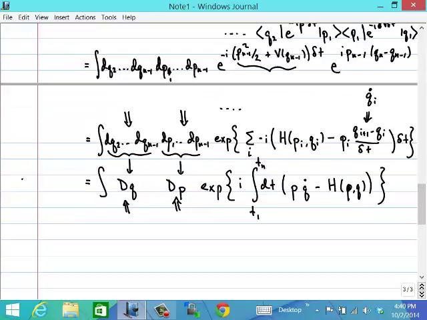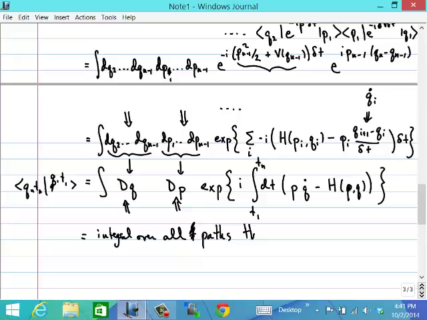Okay. So what we've done is express this transition amplitude as a path integral not over all configurations, but over all of phase space. So this is a path integral over all trajectories, not just through configuration space, but through phase space. Okay.